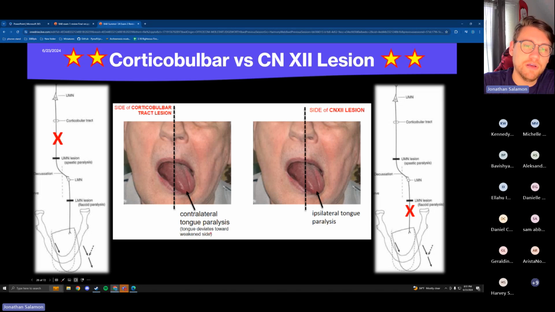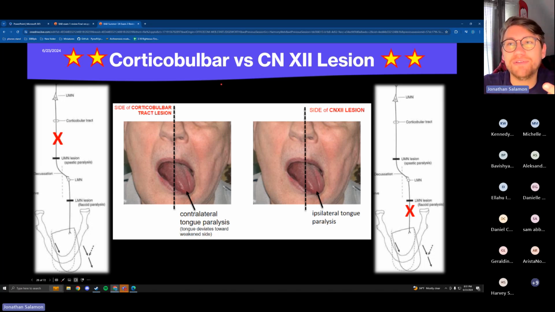I had mentioned before that sometimes they'll give you a really obscure description of the tongue or a picture of it, and you have to basically determine whether the tongue is fasciculating or whether it is spasming. I don't know if you guys are going to know what I'm talking about, but some people can fold their tongue a bunch of times in and on itself, and it's really wavy.